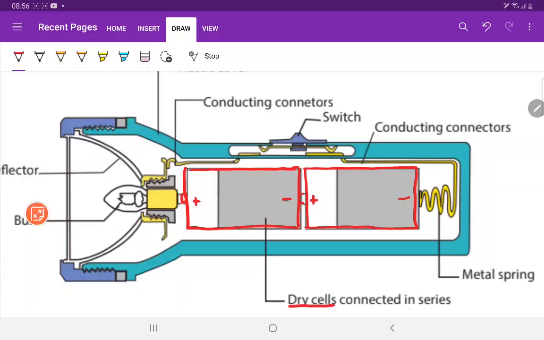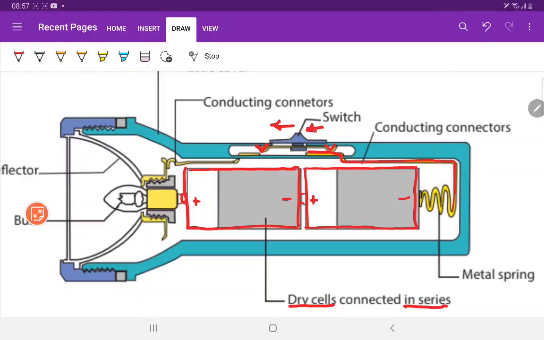So two dry cells are connected in series, and a metal strip is there. Have you seen the spring-like metal strip in the torch? On the lid of the torch, sometimes you may see the metal spring. You can't see it, but inside it will be connected to the switch. Here, see the switch. This part and this part will be connected when you push this switch forward.